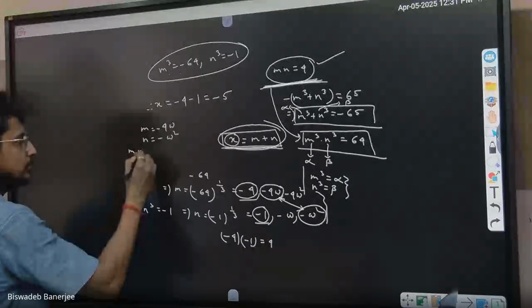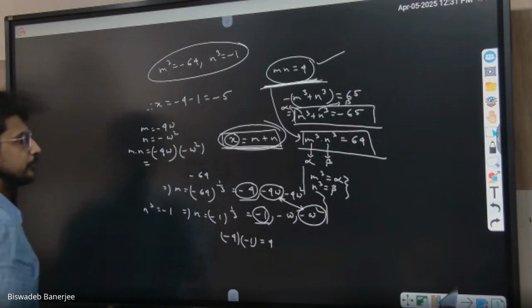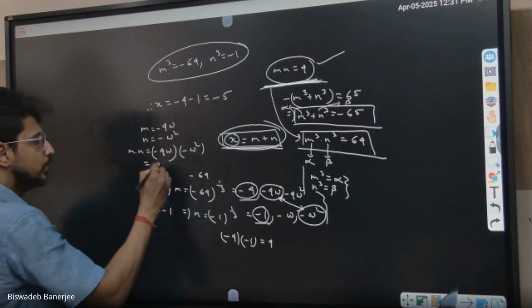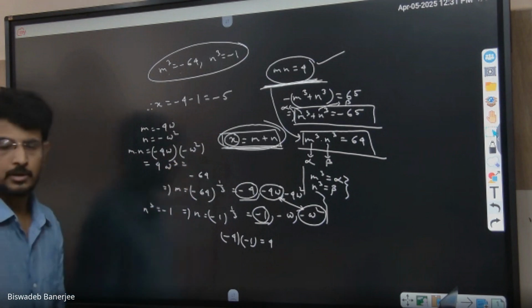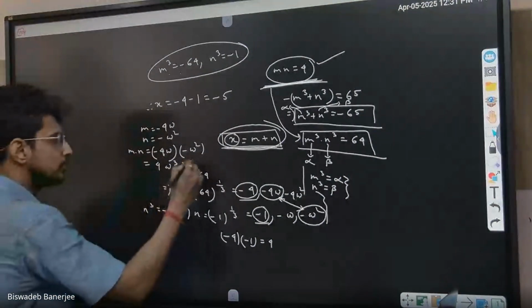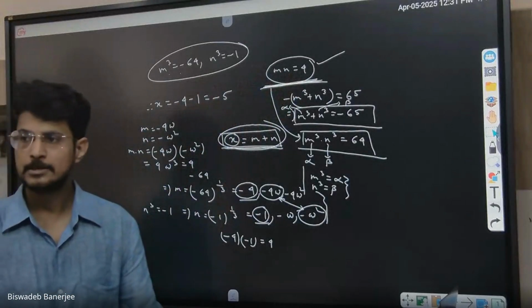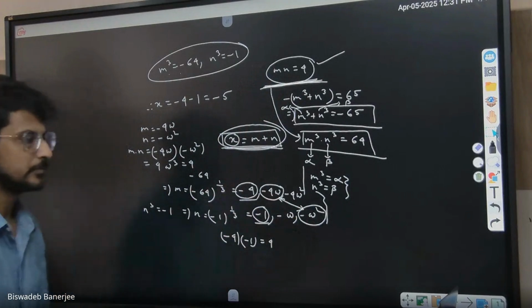My m into n is minus 4 omega into minus omega square, that is plus 4 into omega square times omega, giving omega cube. And we know omega cube is 1. So again, this condition is satisfied. m into n equal to 4.